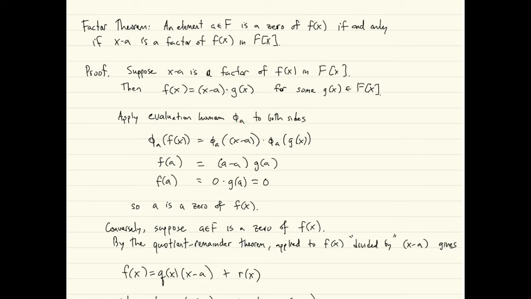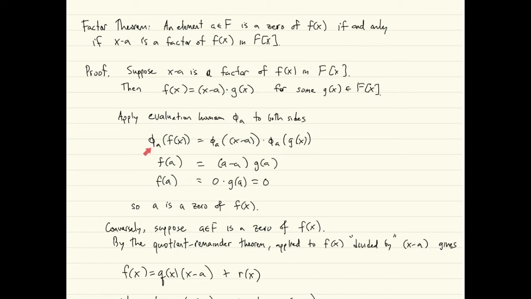Again, that's just a fancy way of substituting in x equals a. Now, the left-hand side becomes phi_a of f(x). The right-hand side becomes phi_a of this whole thing. But because phi_a is a ring homomorphism, we can split up phi_a of this whole thing into phi_a of the first term, x minus a, times phi_a of the second term, g(x).